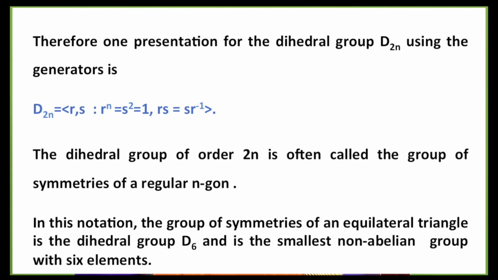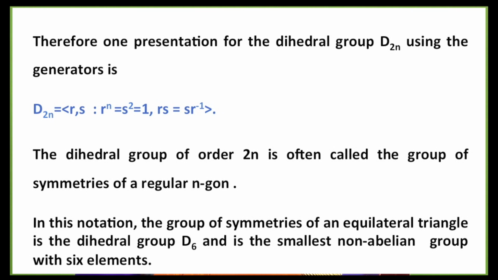Therefore, one presentation for the dihedral group D of 2n using the generators is D of 2n equals angle bracket r, s, such that r to the power n equals s square equals 1, and rs equals s r inverse.